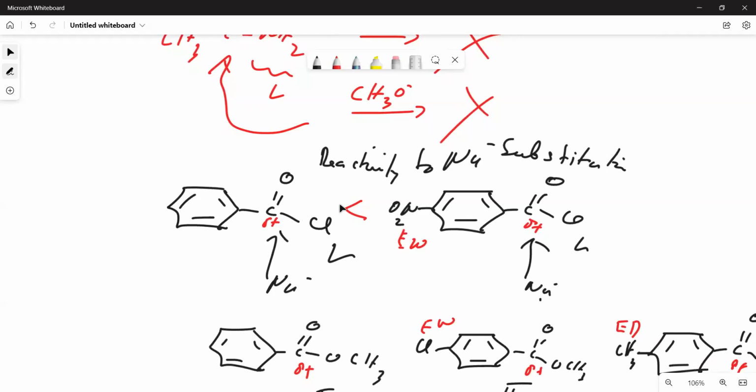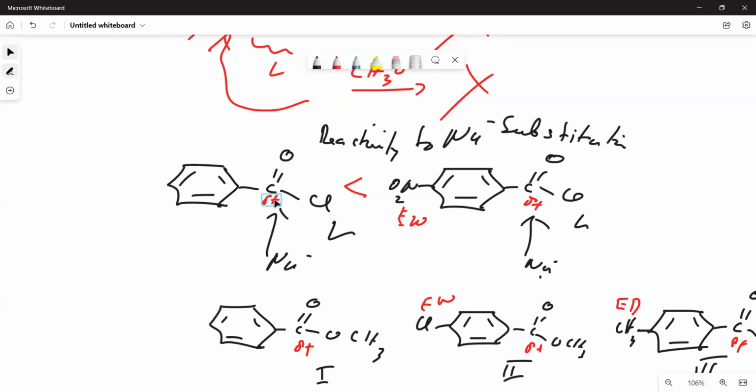So you can also predict the reactivity class, okay, to nucleophilic substitution, okay, for the same functional group. Like here you have acyl halide, but then you attach that to a benzene ring in which you place a substituent to the benzene ring. So you cannot base the reactivity here on the leaving group because they are the same, chlorine. But these two are not of the same reactivity. So where are you going to base that?